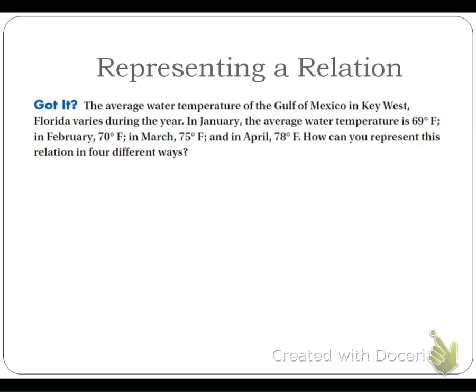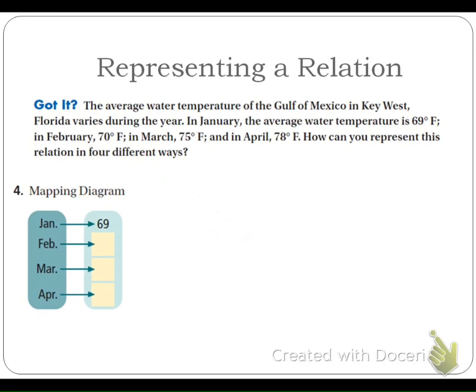Average water temperature of the Gulf of Mexico in Key West, Florida varies during the year. In January, the average temperature is 69 degrees, February 70 degrees, March 75, and April 78. So we can write this relationship in 4 different ways, or represent it, I should say, in 4 different ways.